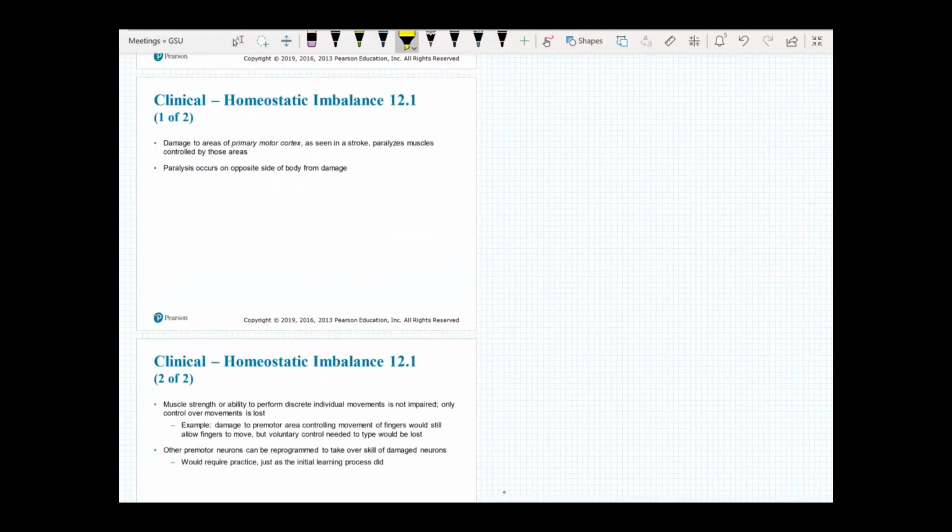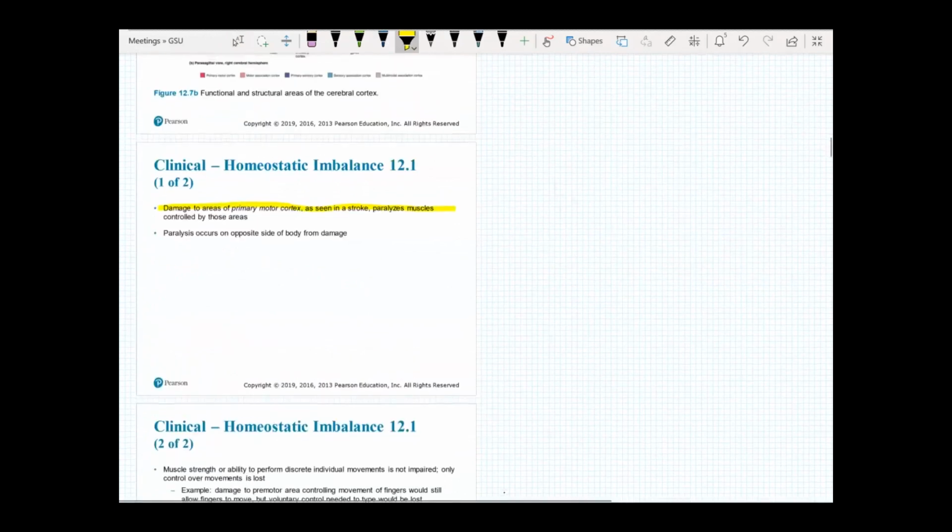Okay, one thing that's really important to this is damage. So the brain, or the central nervous system, as we talked about with neurons, doesn't necessarily have the ability to regenerate. So if there is damage, there are issues. If there is any damage to the primary motor cortex, it will usually be seen as a stroke, and usually on the opposite side of the body. So if this is my brain right here, here's my central sulcus, here's my premotor cortex.